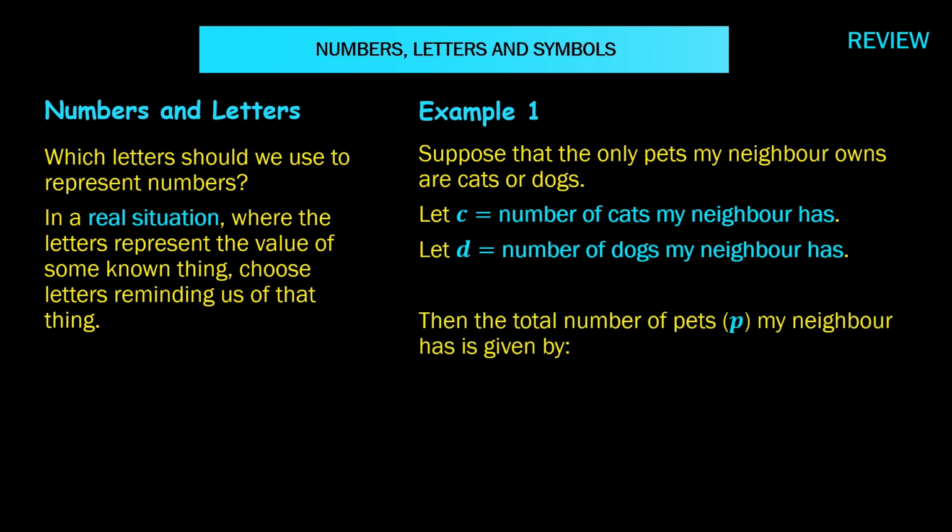Then the total number of pets, P, my neighbour has, is given by P equals C plus D, so the number of cats plus the number of dogs. If C equals 3 and D equals 4, then P equals 3 plus 4. So P equals 7.